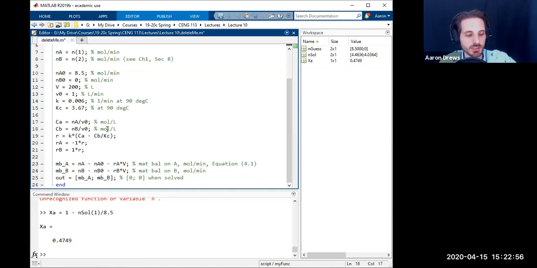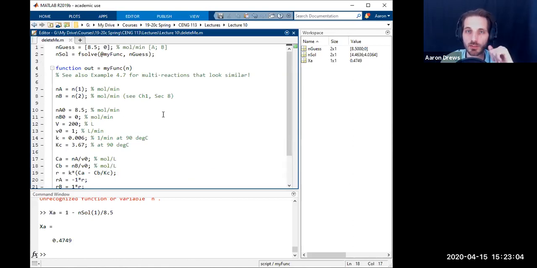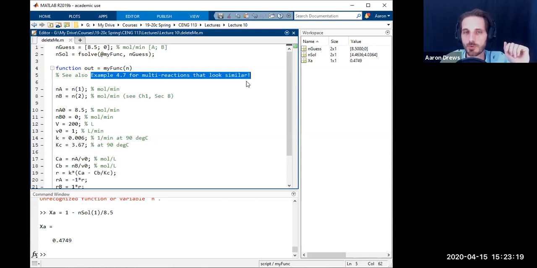So I will post this code as well, so that you've got it as another example that you can try and compare to either your handwork or any of the work that you would need for the homework problems. You can use code very similar to this for the first few homework problems, in fact, for nearly all of them. As the complications go up, if you get to a multi-reaction problem, that example of code is in 4.7.